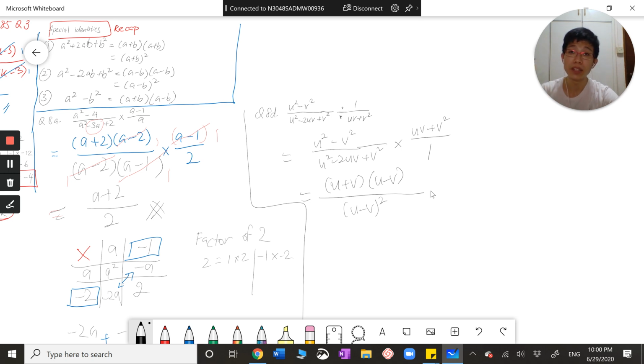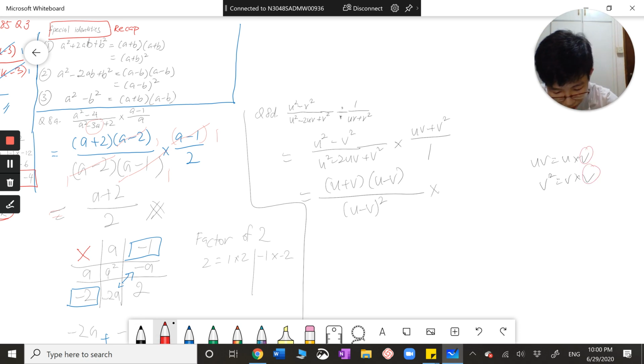So when it's of the special identity form, you don't have to do the multiplicative frame, which saves you a lot of time. Times, okay, for the second fraction, we realize that there's a common factor between these two terms, uv and v. So uv is equal to u times v, and v square equals v times v. So you notice that the common factor will be v.